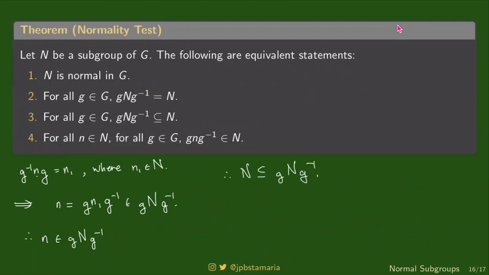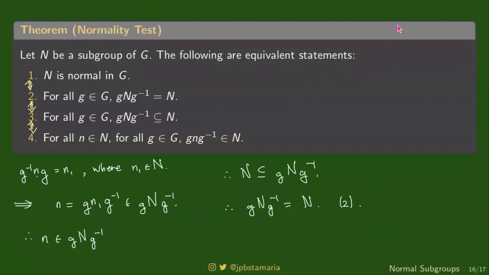So kung ito ay totoo na, totoo rin ito, nagka-follow na ang G N G inverse ay equal sa N. And that is statement number 2. Kaya ngayon, equivalent yung 1 and 2, equivalent na yung 2 and 3. And actually, yung number 4 is just a restatement of number 3.